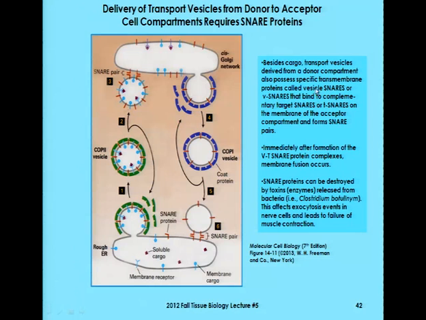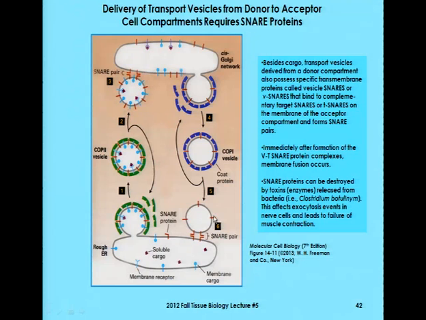There's a type called a vesicle SNARE, or V-SNARE, and that will bind to a complementary target SNARE, or T-SNARE, on the membrane of the acceptor compartment. And they form pairs. And once they form pairs, soon afterwards, there's fusion of this vesicle with the trans-Golgi network.